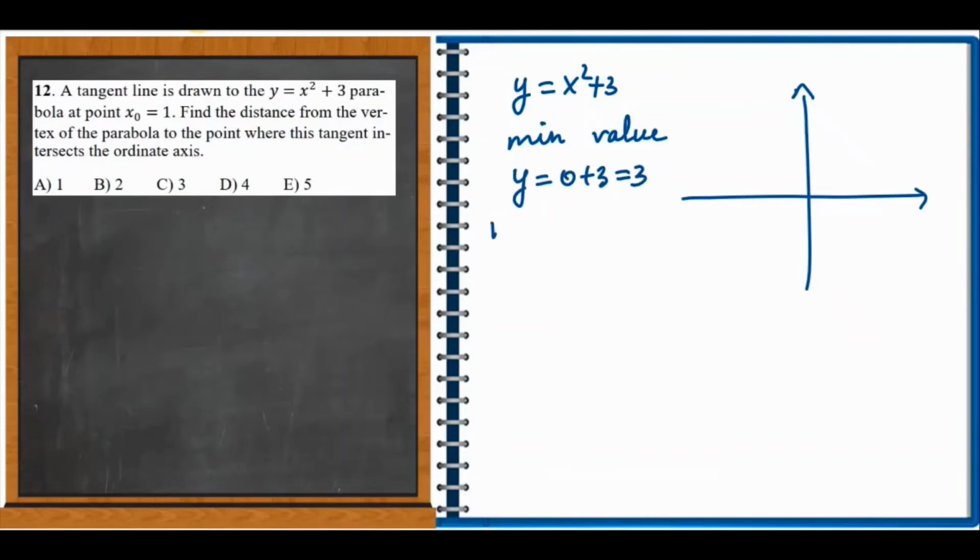Now, the vertex point will be 0, 3 point. Let's show it on the coordinate plane x, y, it's 0, 3. Here's 3 and this is our parabola.